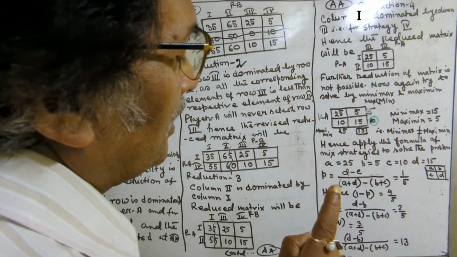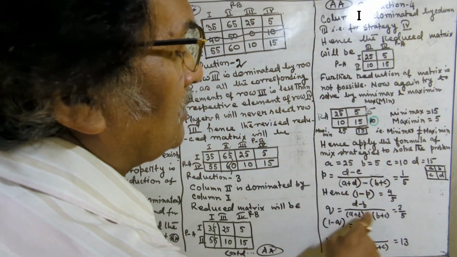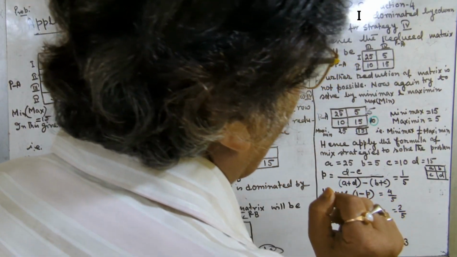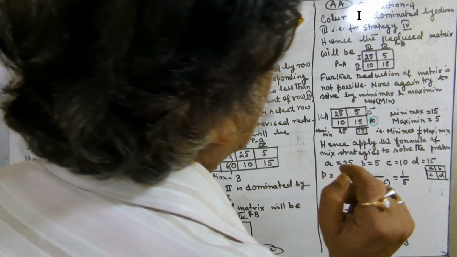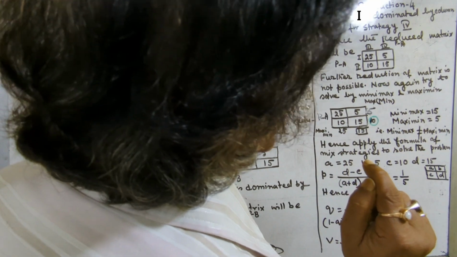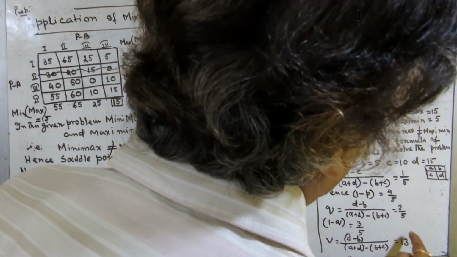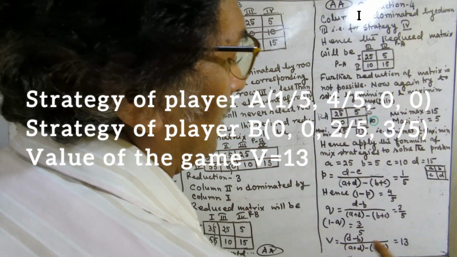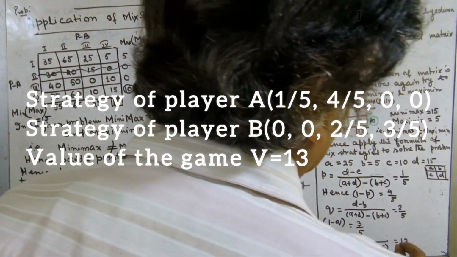And for player B, the best strategy is to apply the third strategy with probability 2/5 and the fourth strategy with probability 3/5. That means player B will never apply strategy 2 and strategy 1, and the value of the game will be 30. That means the game is in favor of player A, and the magnitude or value is 30.